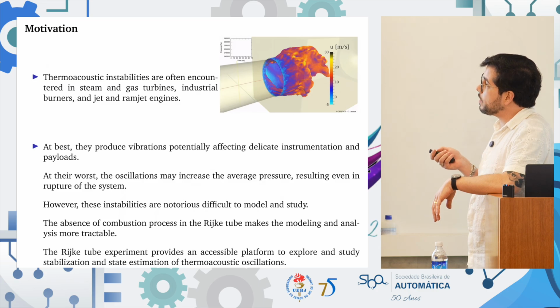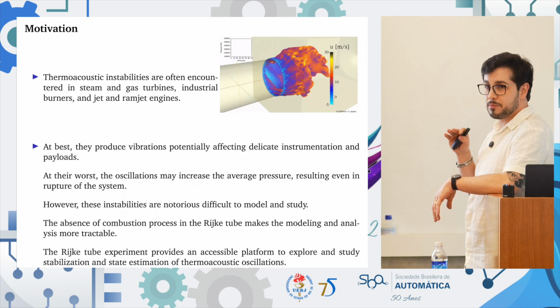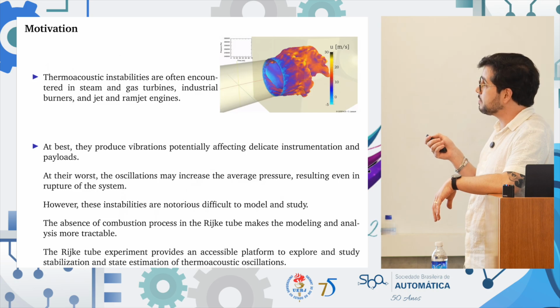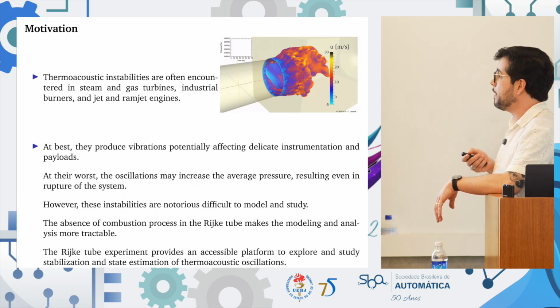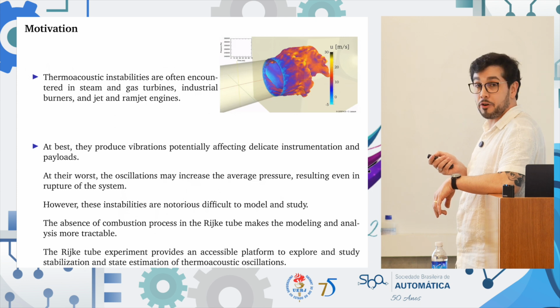So we always have to try to mitigate this phenomenon. And usually, the system has its best performance at this unstable operating point. So the control in this kind of system is mandatory.